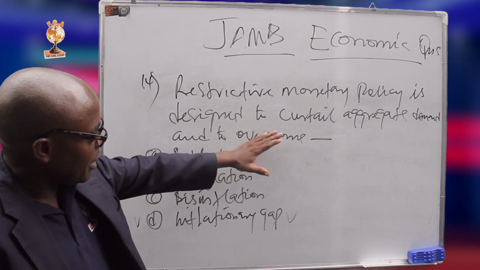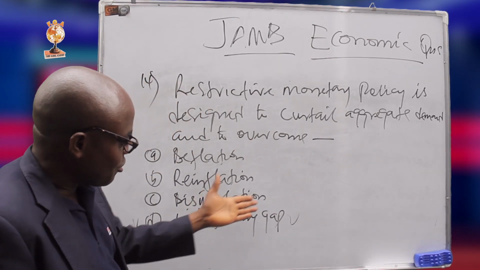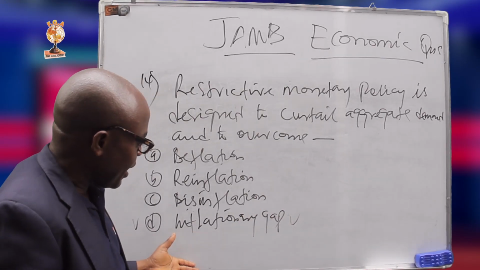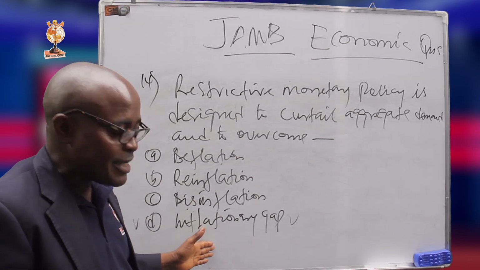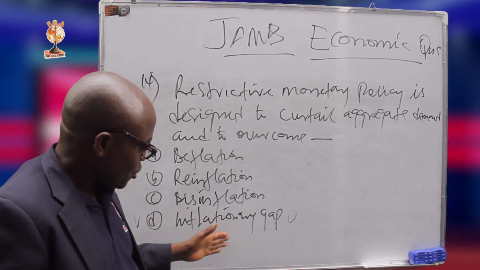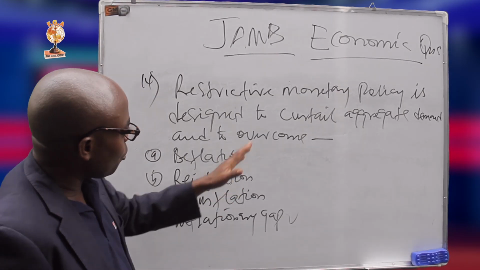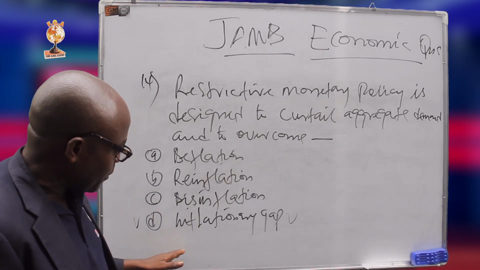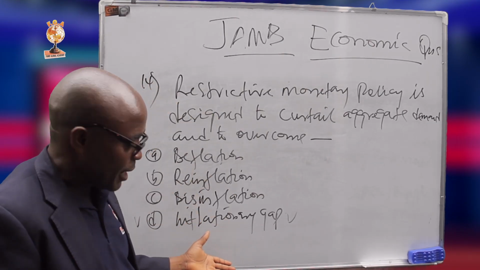And by so doing, if we introduce higher interest rates, of course you know fully well that you have already done a feasibility study of your business. So if you have done your study and picking money from any of these institutions is not feasible, the next thing is you may have to slow down.